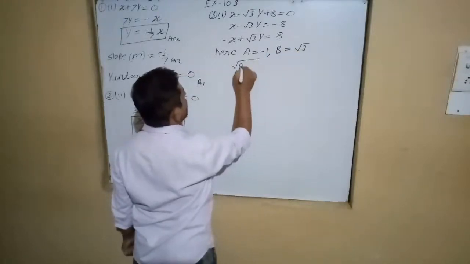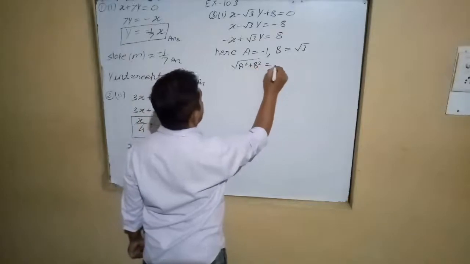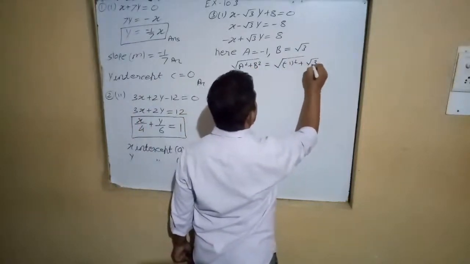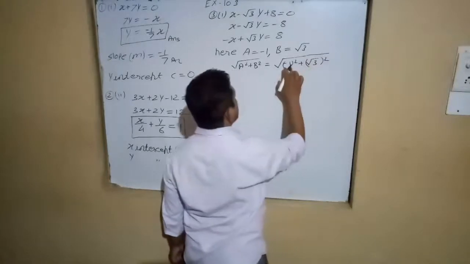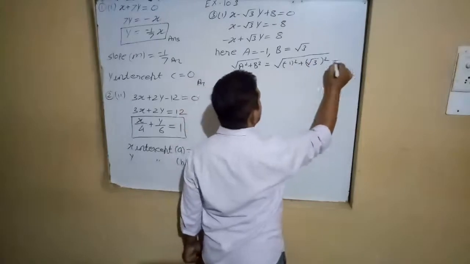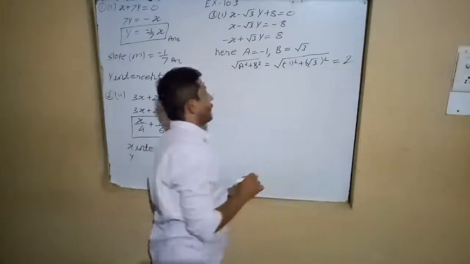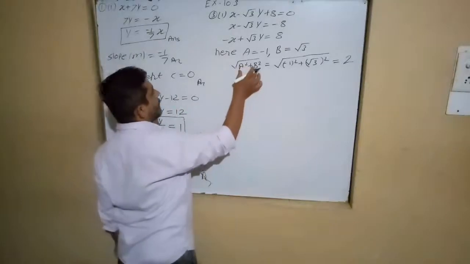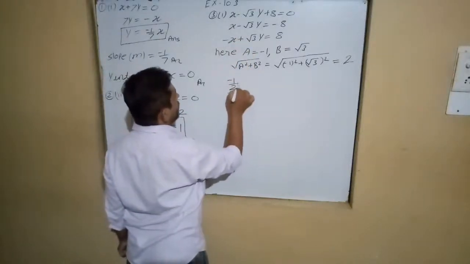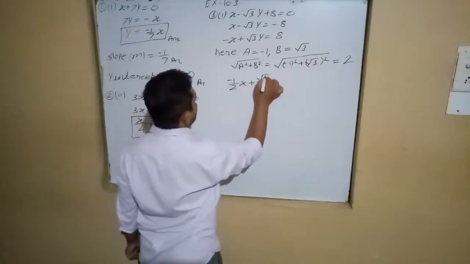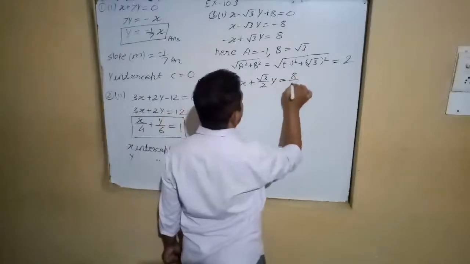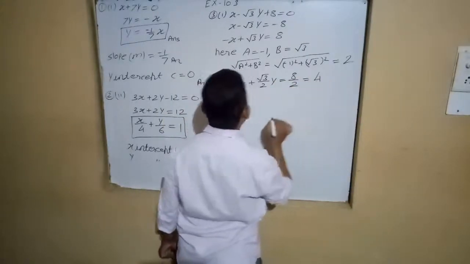So a square plus b square, what will come? Minus 1 square plus root 3 square. Minus 1 square is 1, root 3 square is 3, 3 plus 1 is 4, square root of 4 is 2. So we divided by root of a square plus b square, and we get minus 1 by 2 x plus root 3 by 2 y is equal to 8 by 2, means 4.